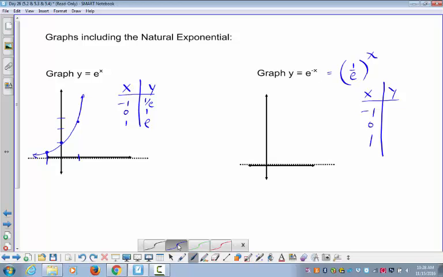If we plug in -1, we get e as our output. If we plug in 1, we get 1 over e. So the graph at -1 is up at e, about 2.7, at 0 it's at 1, at 1 it's about 1/3. So there's our natural decay function.